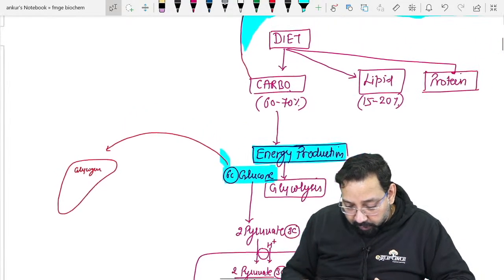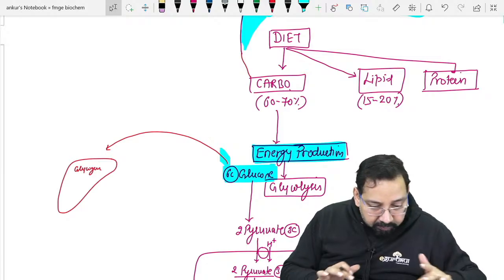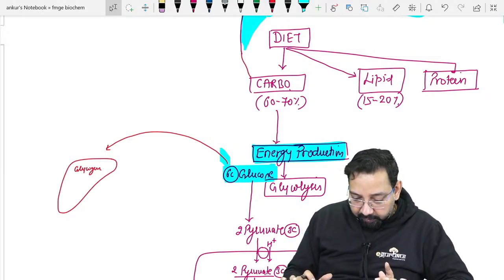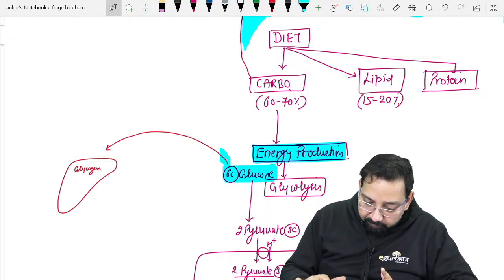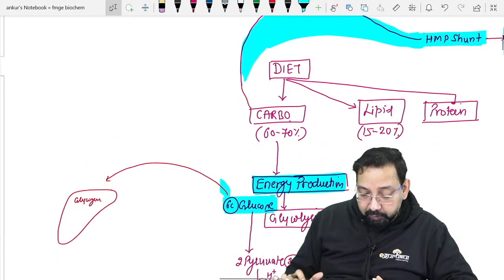Okay, now what about this breakdown? I will discuss later. So one function glycogen, one function energy, one function reducing equivalents.